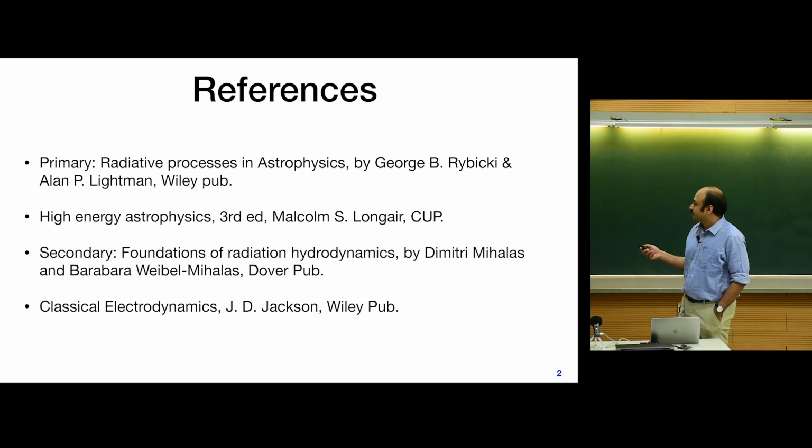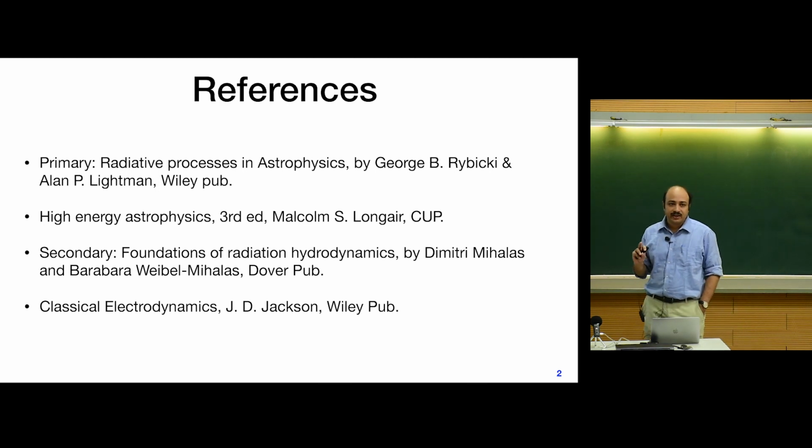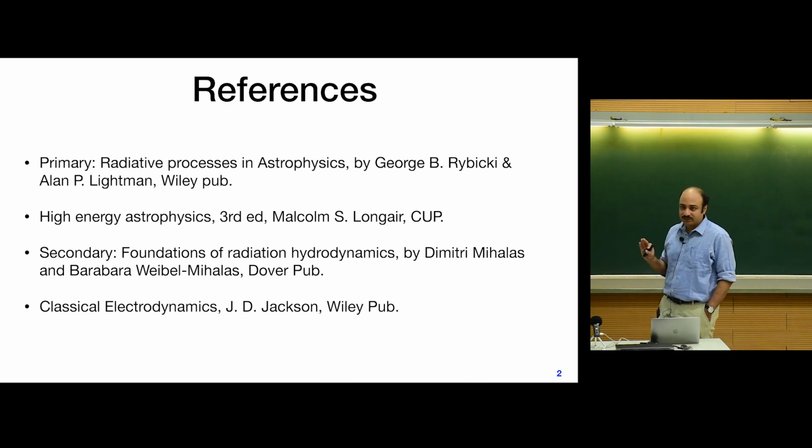The third book is called Foundations of Radiation Hydrodynamics, by Mihalas and Mihalas. Although it's radiation hydrodynamics, it has a very well defined section on radiative transfer and gives you the most generalized treatment of radiative transfer, which I'll introduce in the next few slides. And of course, Classical Electrodynamics by Jackson.